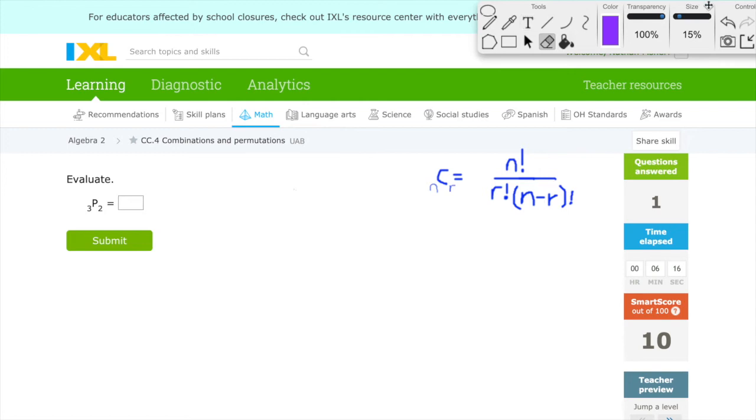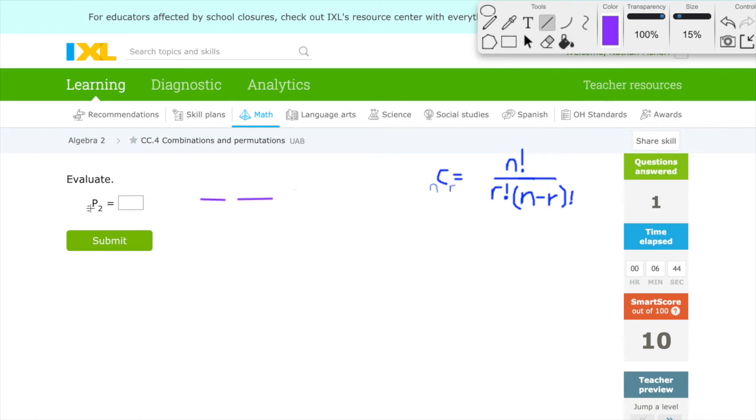Okay, so the permutations with a P there, that can be handled pretty similar to what we did with the counting principle. Basically, we're making spaces. This R value on the right here tells me how many spaces to make. And this value tells me how many things I have to pick from.